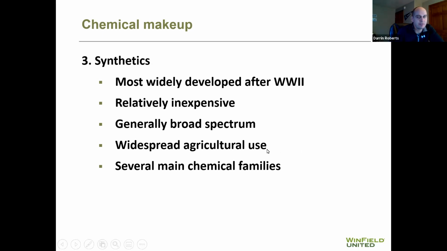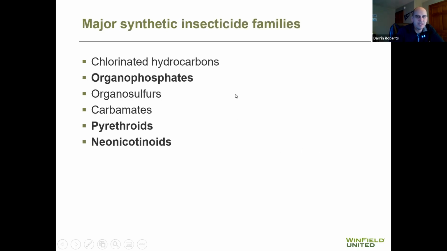And then there's several chemical families under this. The first one is chlorinated hydrocarbons. We don't use a whole lot of these anymore. These were very persistent. They have a very long half-life, so a long residual. They persist in the environment.